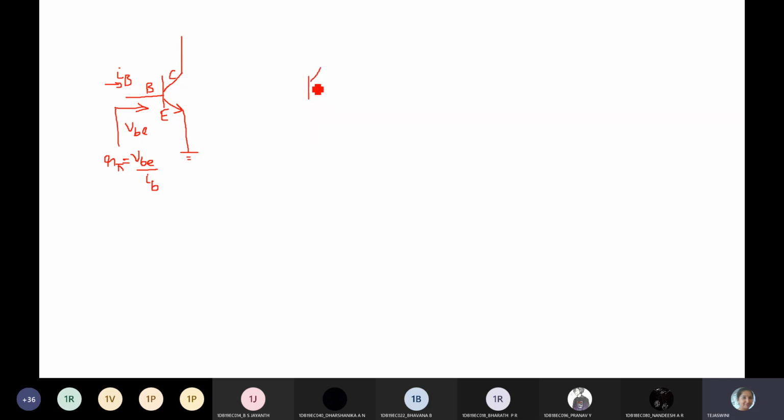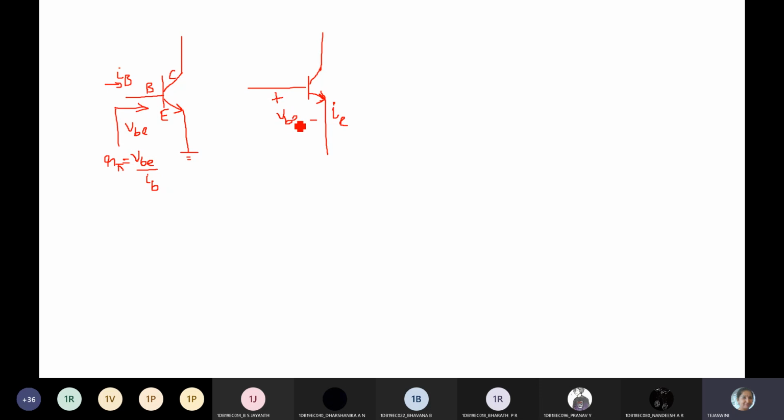Similarly, can we do it for emitter? So emitter, base, collector. The current that flows through the emitter is small ie. There is a voltage between the base and the emitter, that is small VBE.